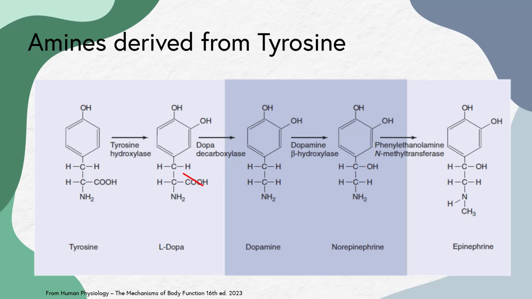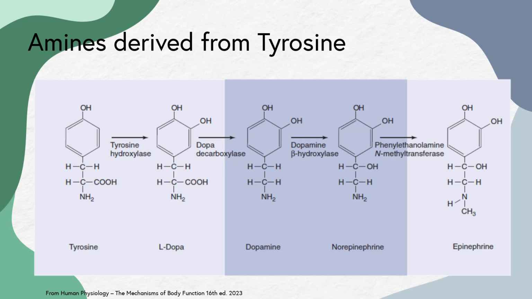You just remove the carboxyl group, and then you become dopamine. DOPA is the precursor of dopamine. Then dopamine with another hydroxylation at the beta carbon becomes norepinephrine. This is the major neurotransmitter of most postganglionic neurons of the sympathetic nervous system.